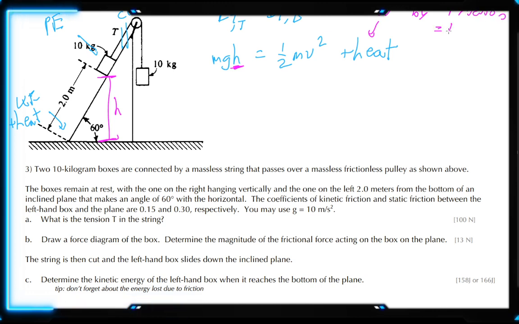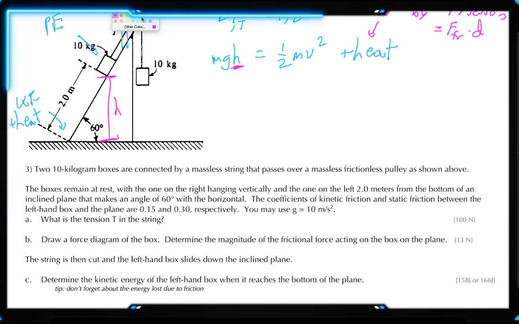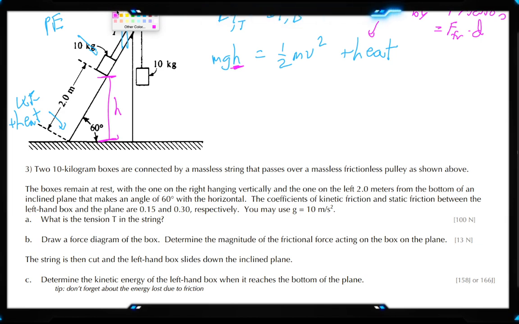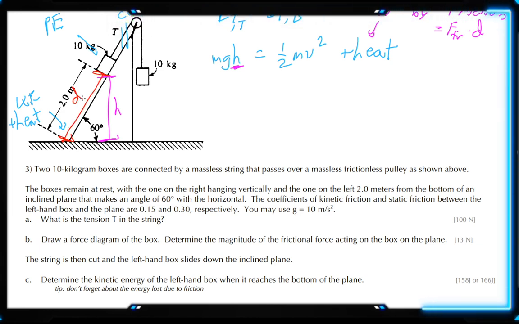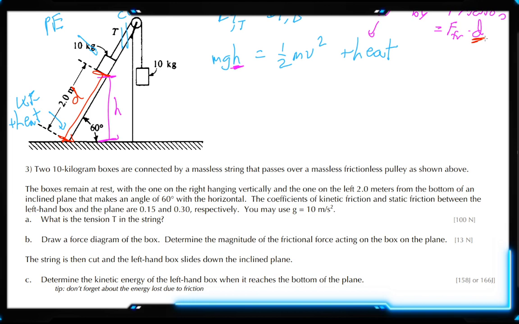That's going to be the friction force times the distance, and that distance d will actually be this distance, this gap here. The friction acts over this whole length, while the height is just this gap there.